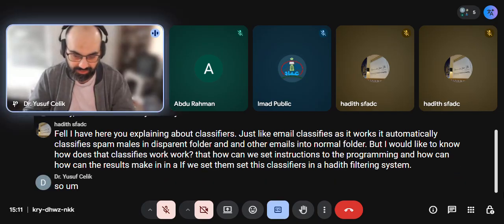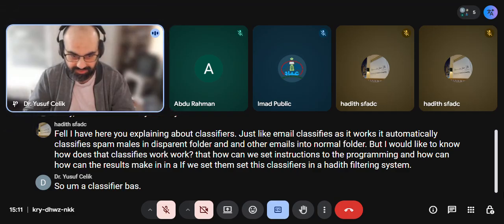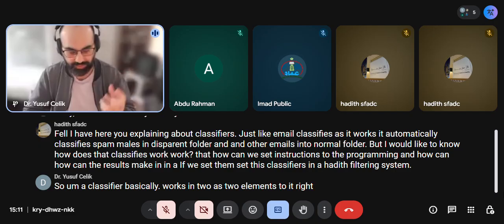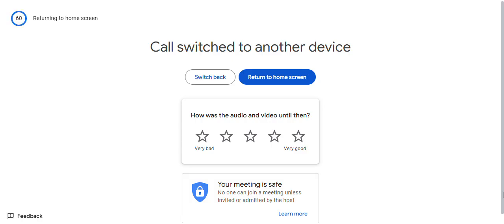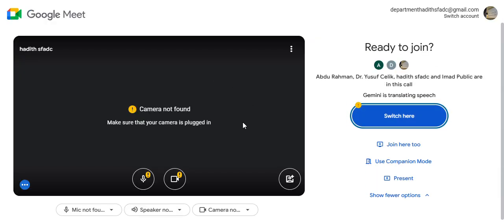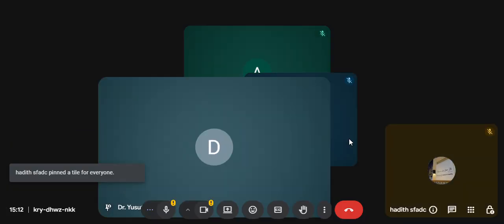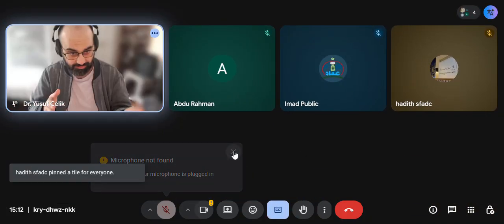So a classifier basically has two elements to it, right? One element of it is where humans have in advance done it beforehand.